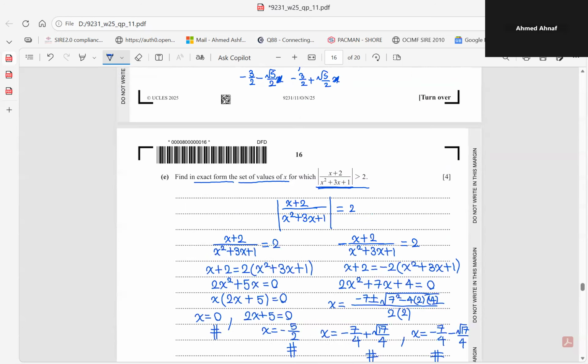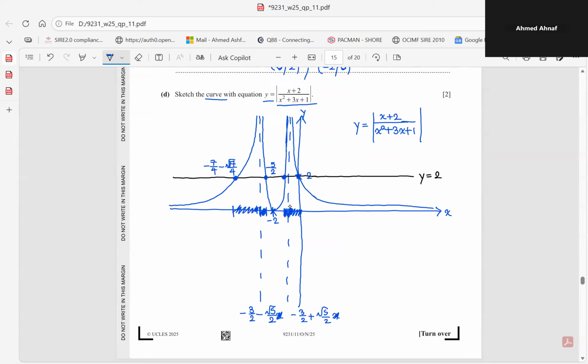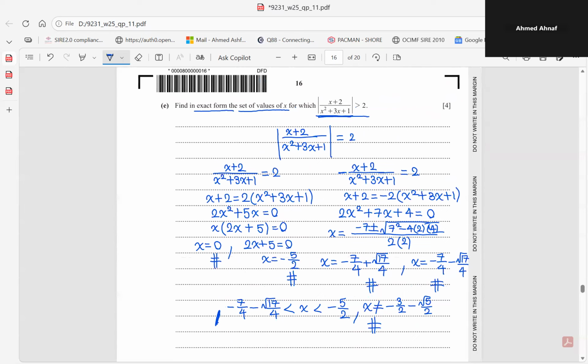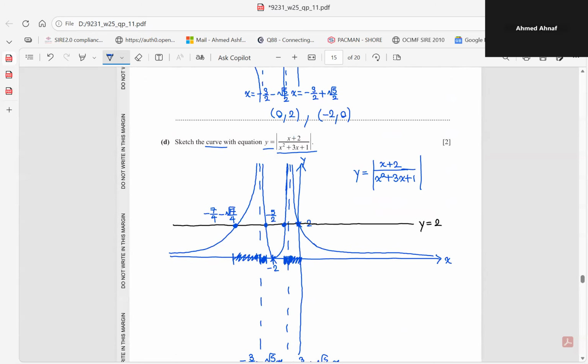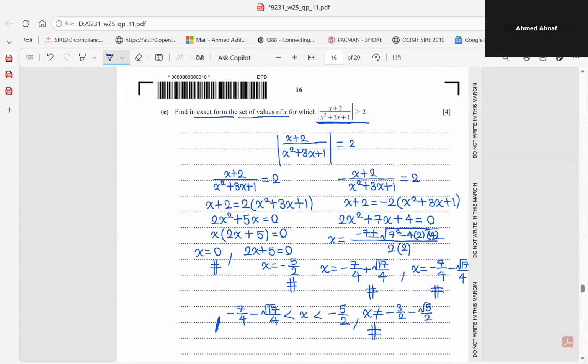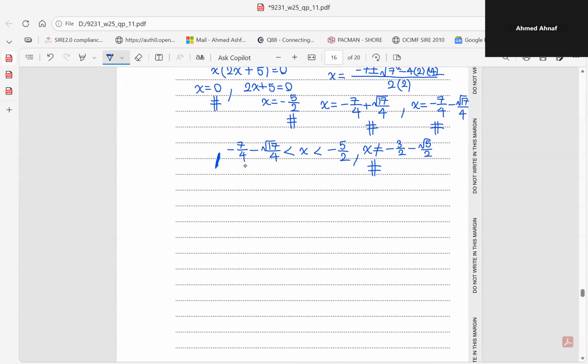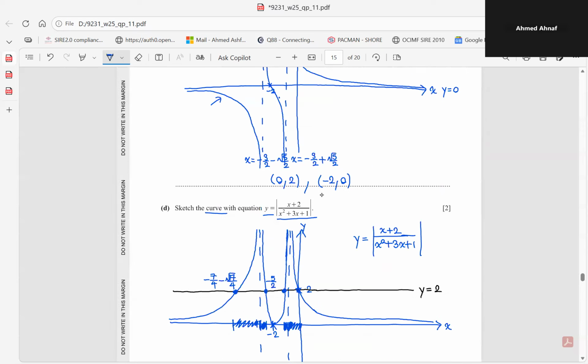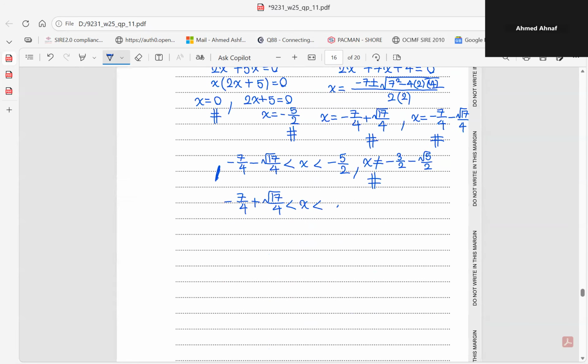And then the second one is from here to here, so between minus 7 over 4 plus square root 17 over 4 and 0, excluding where x is equal to minus 3 over 2 plus square root 5 over 2.